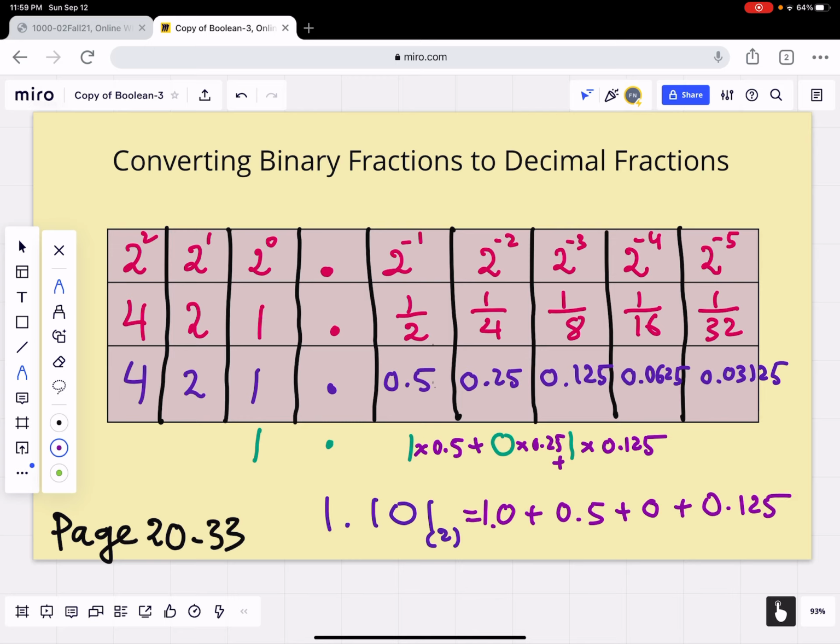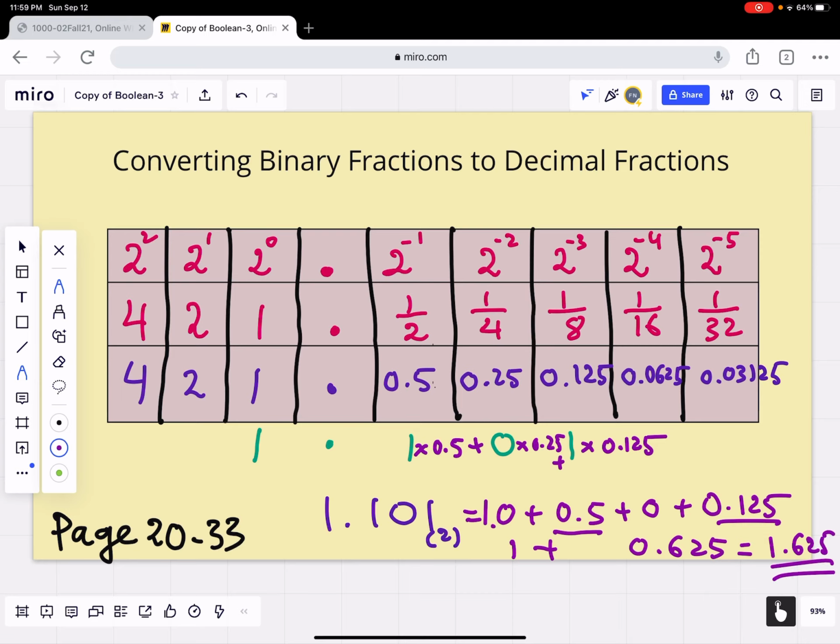And then you add together 0.5 and 0.125 becomes 0.625, and add with 1, so you got 1.625. So this is your final answer.